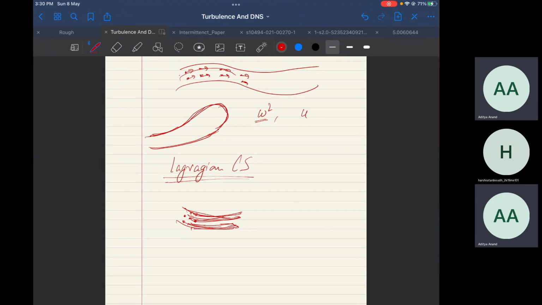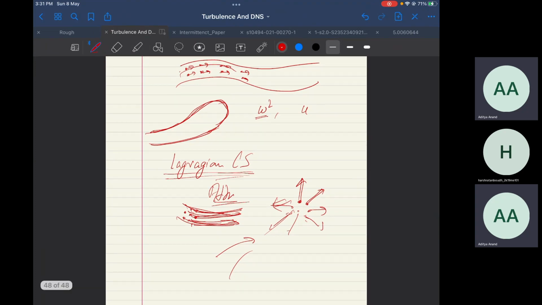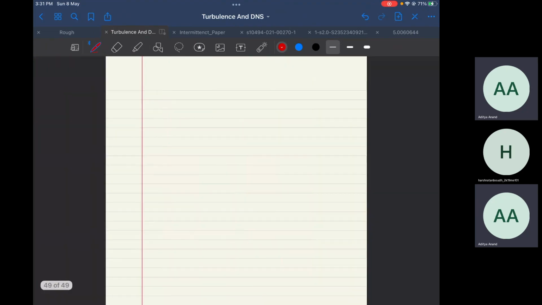Eventually, what could also happen is all these particles are moving away from each other, or they all might move towards each other. So there is a correlated motion between all these particles, and these are coherent structures. You can also classify these as attracting and repelling coherent structures based on how the velocities are moving. The finite time Lyapunov exponent is one of the ways to identify this coherent structure.